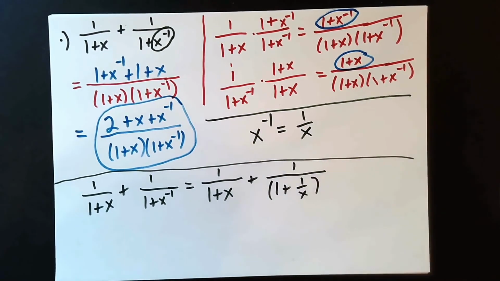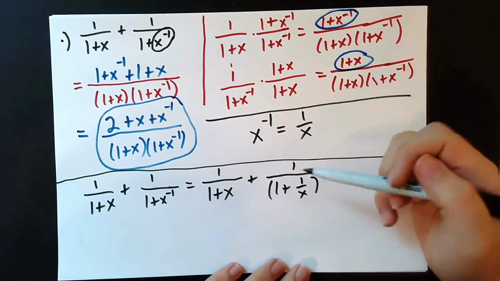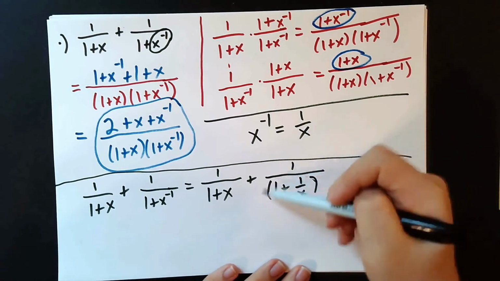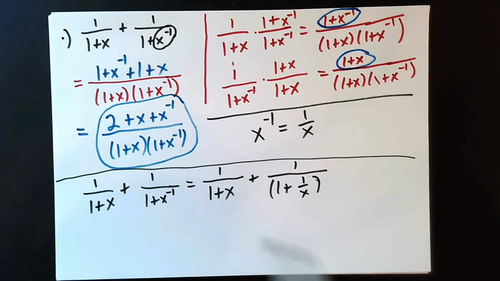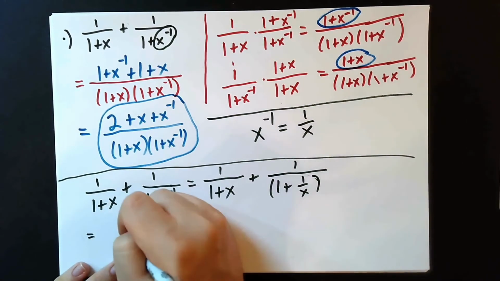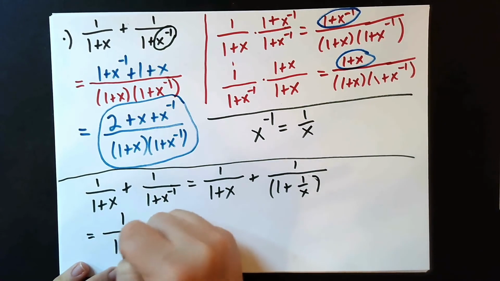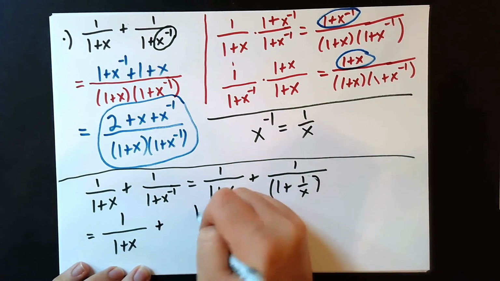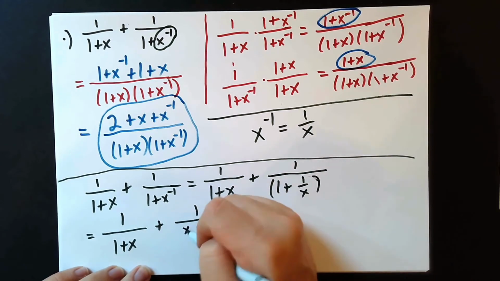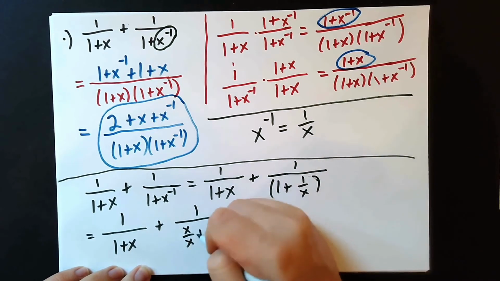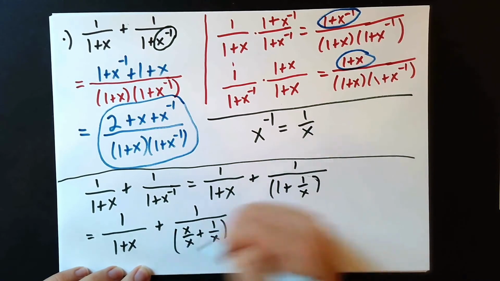And so before I go any further, I'm going to rewrite this piece in the denominator as a single fraction. Namely, when I do that, I'm going to get 1 over 1 plus x plus 1 over, and now this 1 is going to get written as x over x plus 1 over x.